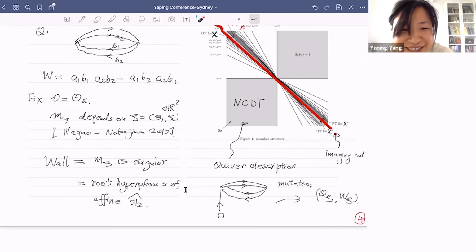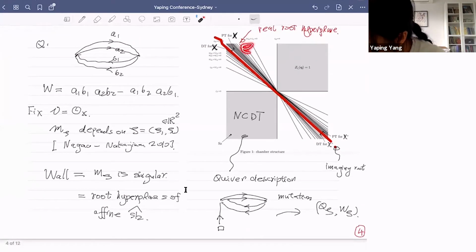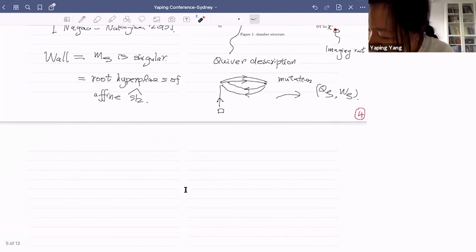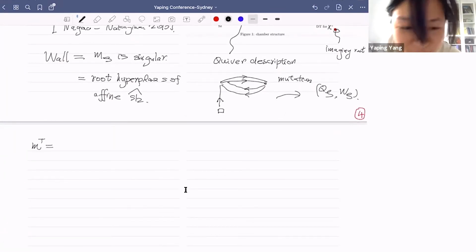Okay, now let me give you the next picture. I can draw the torus fixed points for the moduli space on the PT side. If I look at the torus fixed points, this also has a nice picture.